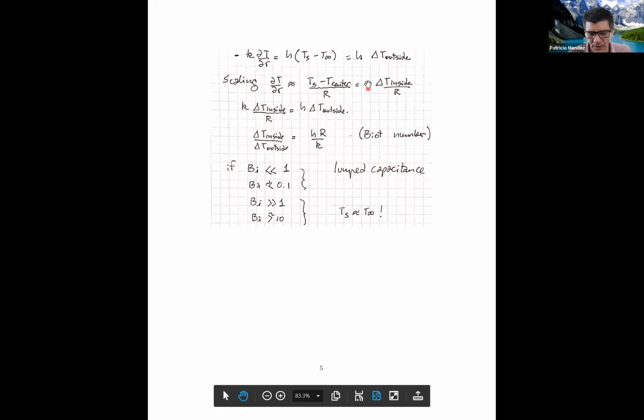And because we have this minus here, it goes away there. So now we have K times delta T inside over radius, heat in, equals H times delta T outside, that is heat out.